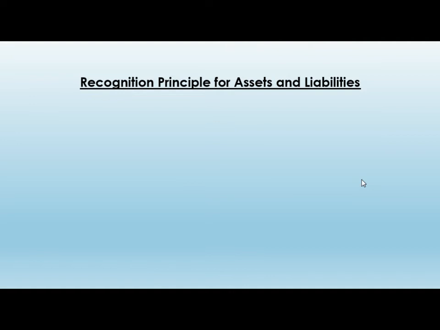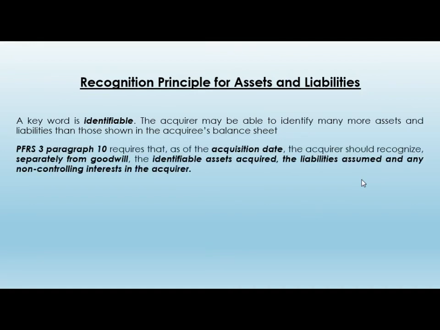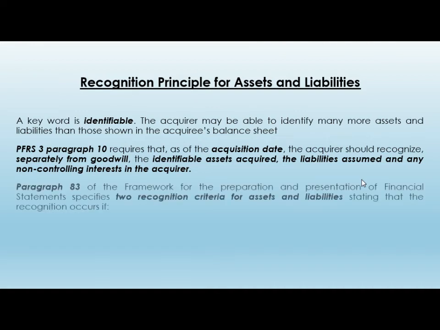So, recognition principle for assets and liabilities. The keyword is identifiable. The acquirer may be able to identify many more assets and liabilities than those shown in the acquiree's balance sheet. Under PFRS 3 paragraph 10, as of the acquisition date, the acquirer should recognize separately from goodwill the identifiable assets acquired and liabilities assumed.